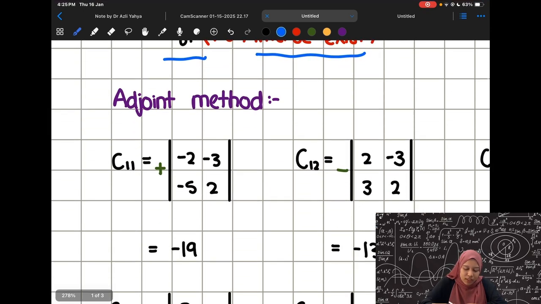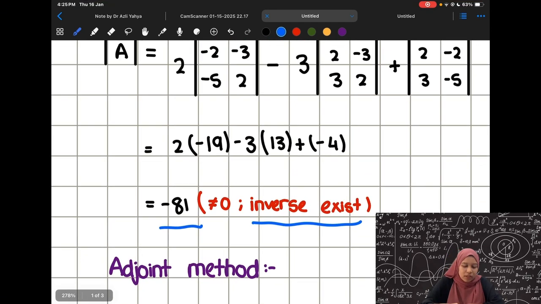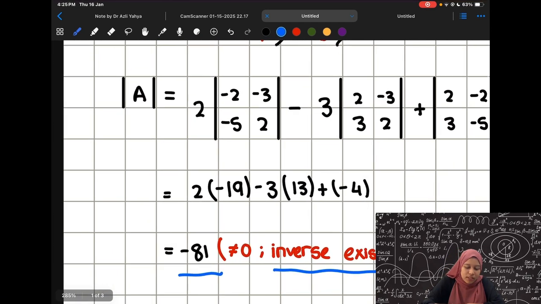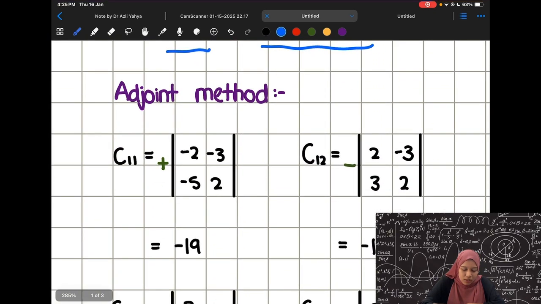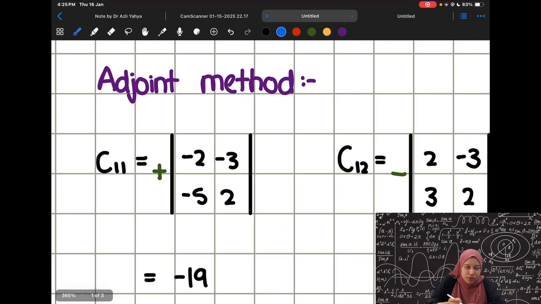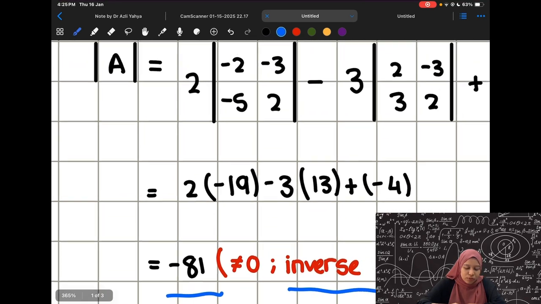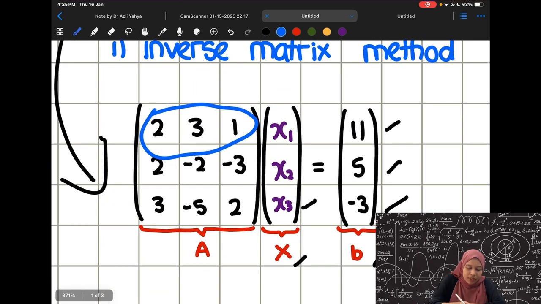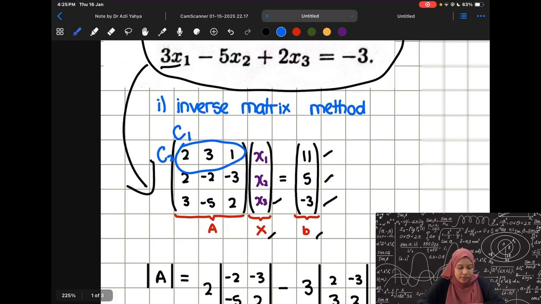Okay, so after that we need to find the cofactor of every number on this matrix A. So I will show you just one example. C11 is referring to C of cofactor of row 1 column 1.